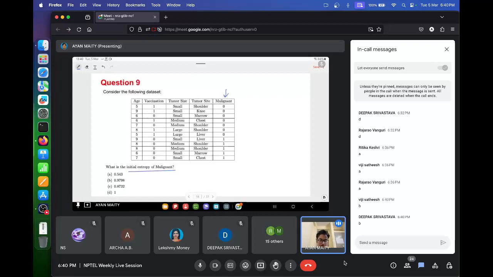Fiji Satish is option B. Deepak Srivastava is also saying option B, which is 0.9798. Okay. Anyone else?